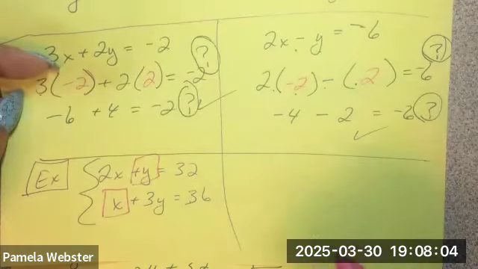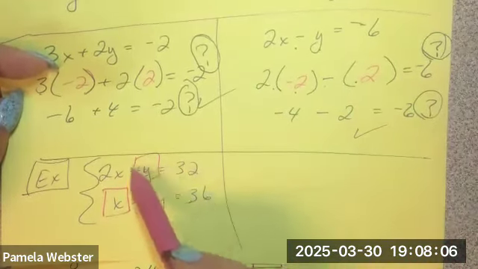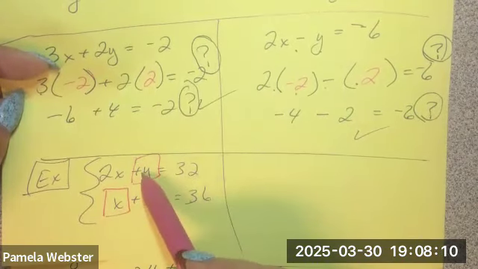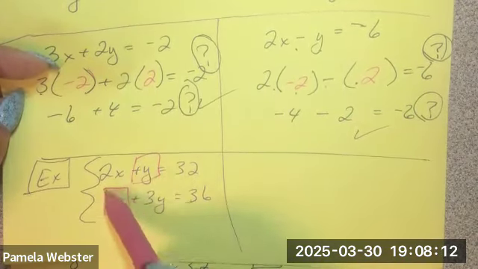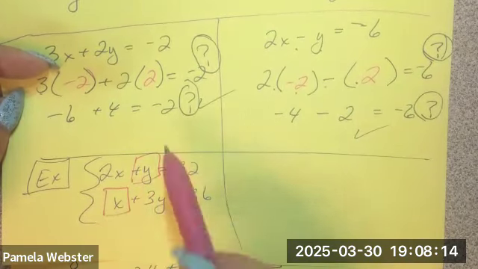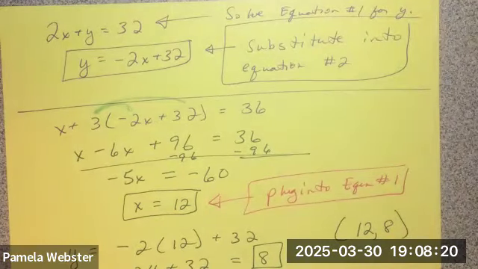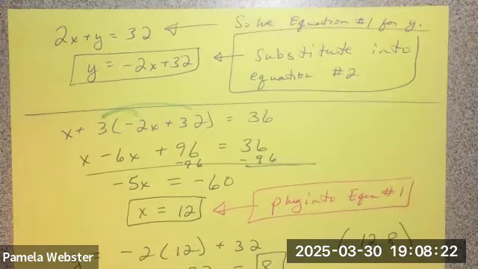I'm just kind of used to solving for y, so I did this one because it didn't have a coefficient in front of it. It's just a 1. If this had been a 5y, though, I would have totally solved for x in the second one because, again, if I don't have to divide, I don't want to divide. So if you chose to do equation number 2, you were perfectly legit and you should have still gotten the same answer I did. You would have gotten your y value before your x value, and that is fine. They should still be the same.